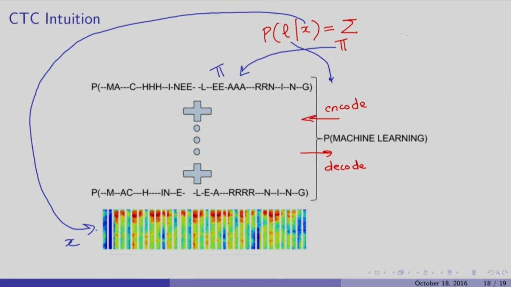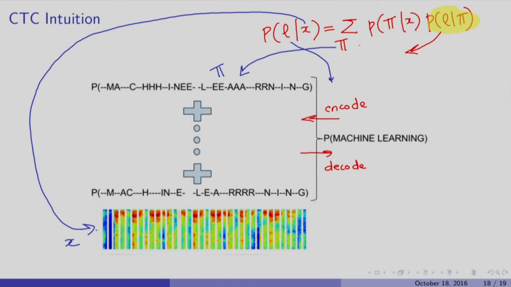Now the rest is simple, it's just marginalization. So we are basically going to look at probability of pi given x into probability of L given pi. Ideally it should be probability of L given pi comma x, but often what you do is you absorb this term P of L given pi into a delta function.